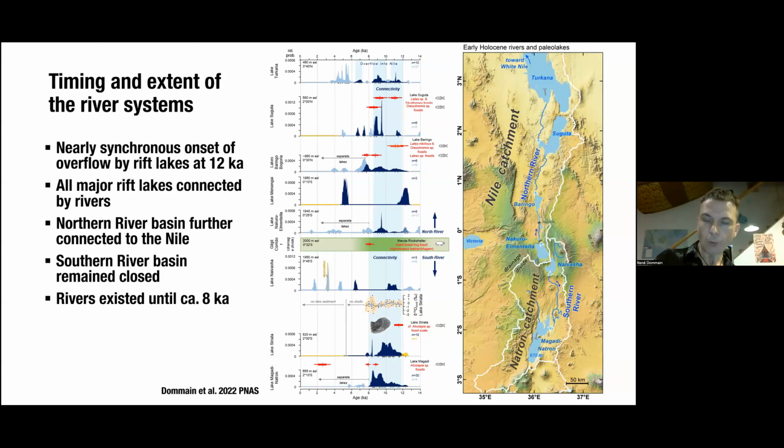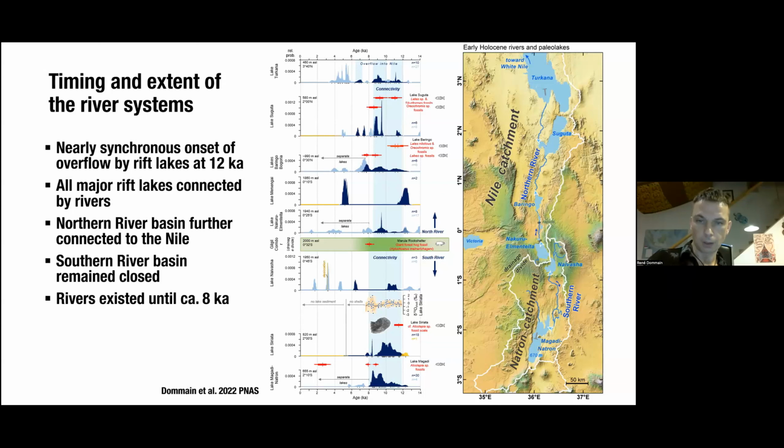Wherever we also see the occurrence of radiocarbon dated fish fossils, which show the immigration of fish from the Nile. The northern river basin, or the northern river, was connected to the Nile. This was known already, that Lake Turkana had a connection to the Nile, but now we can make the case that this connection with the Nile extended all the way to the central Kenya highlands.